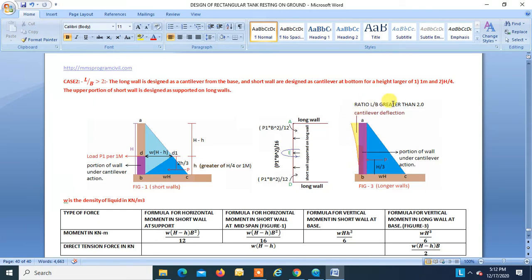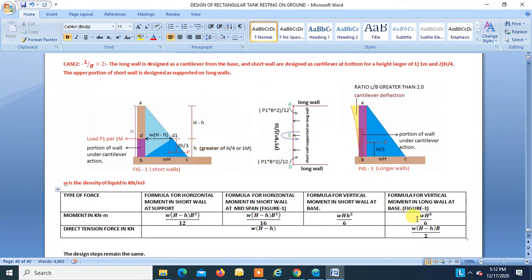When the ratio L by B is greater than 2, the vertical moment due to this action is given by the formula WH cube by 6. That is the formula for vertical moment along the wall at the base. This is figure 3. Now coming to the short wall.